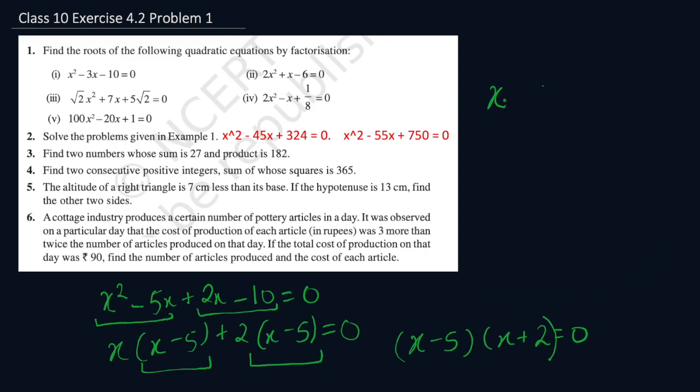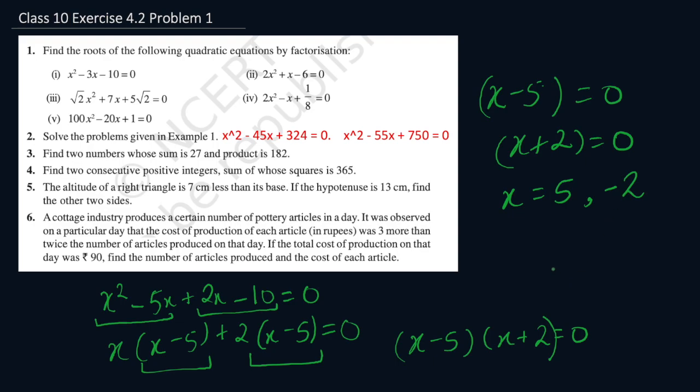So we have that x minus 5 equals to 0 or x plus 2 equals to 0. So our roots are x equals to 5 or minus 2. Hope you all got this first question.